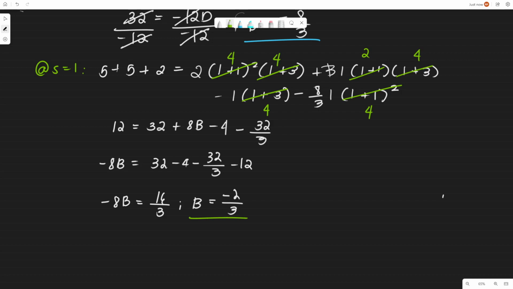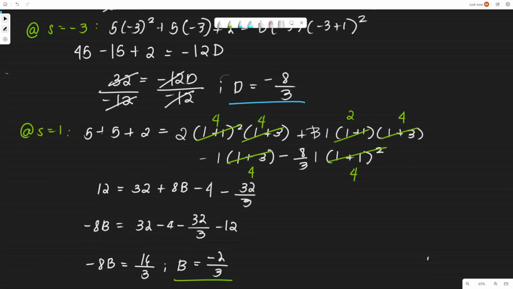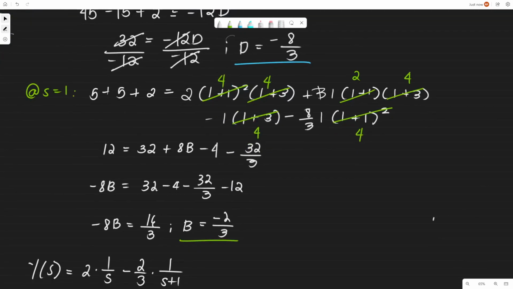So, we can now substitute to our decomposed fraction. So, we have y of S is equivalent to A over S. So, that is 2 times 1 over S. Plus B, or that's since negative 2. So, we have negative 2 over 3 times 1 over S plus 1. Okay, then our C, ano yung na-compute natin na value ng C? That is negative 1.